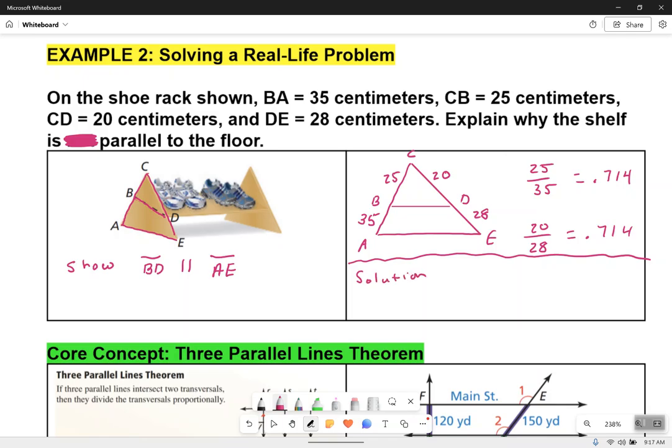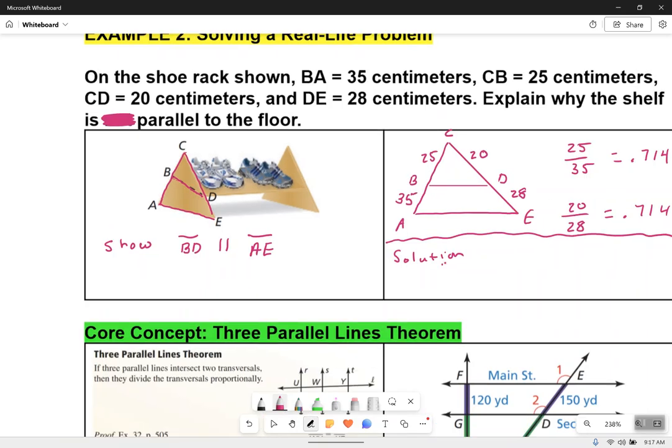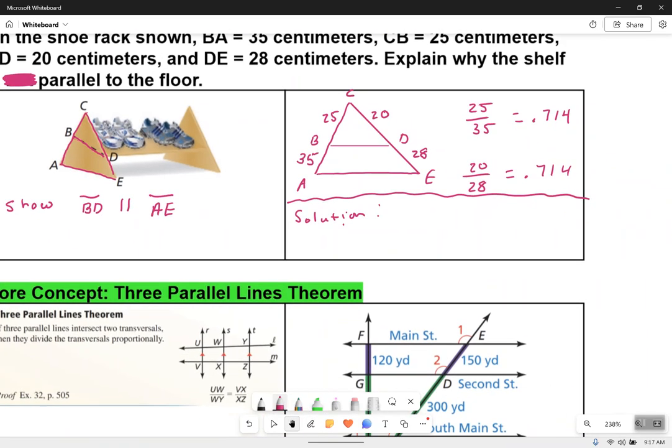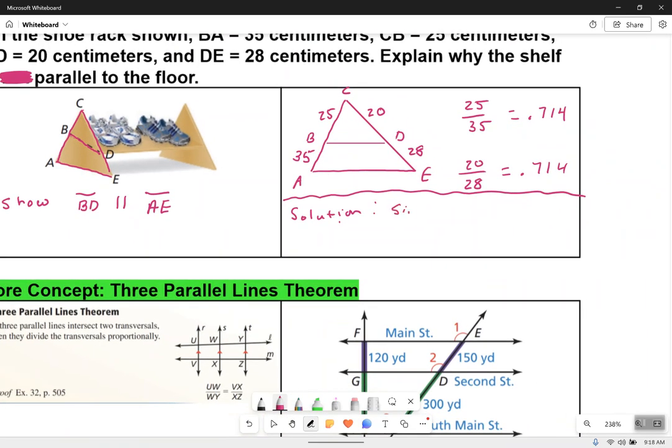Okay. Guys, do you agree that 25 represented CB right here and 35 represented BA? Would you agree with that? Okay, so I'm going to say since the ratio of segment CB over BA was equal to, what do I want to put in the second ratio, kids?